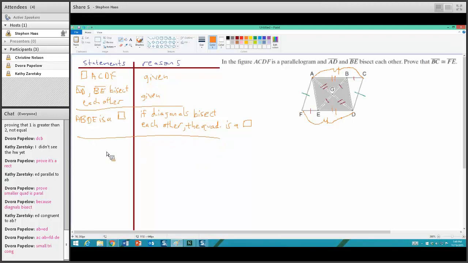Once we have that, now we have AB and ED. AB is congruent to ED because opposite sides of a parallelogram are congruent.